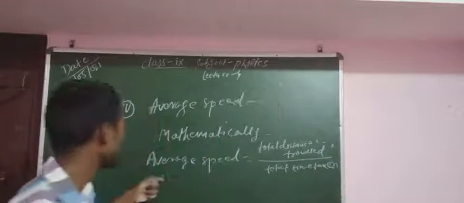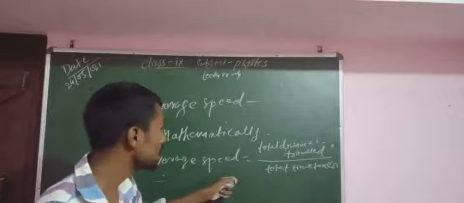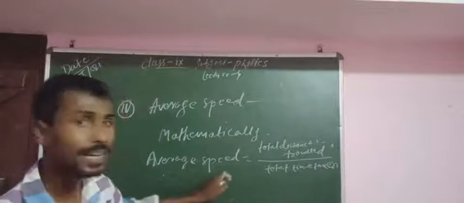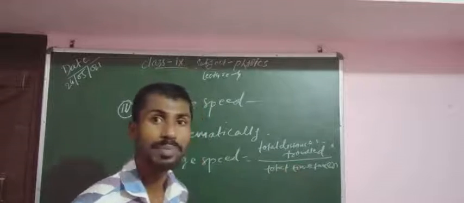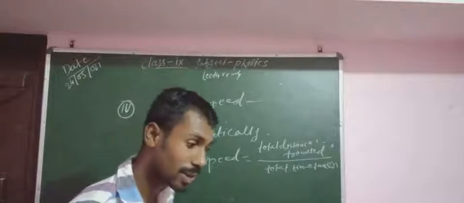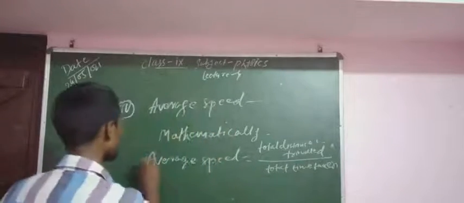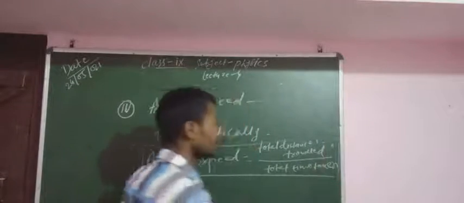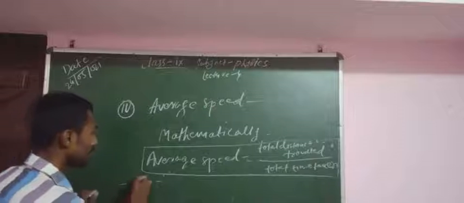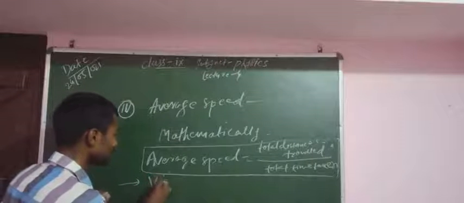That means mathematically, average speed equal to total distance traveled by total time taken. This is the formula.